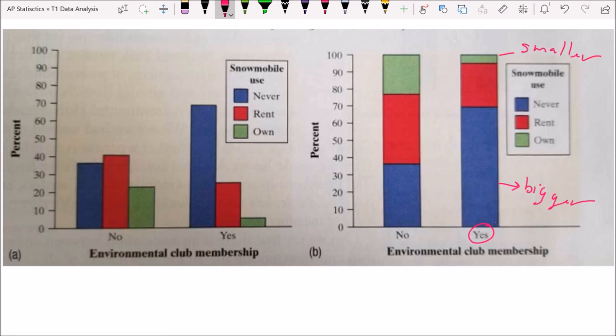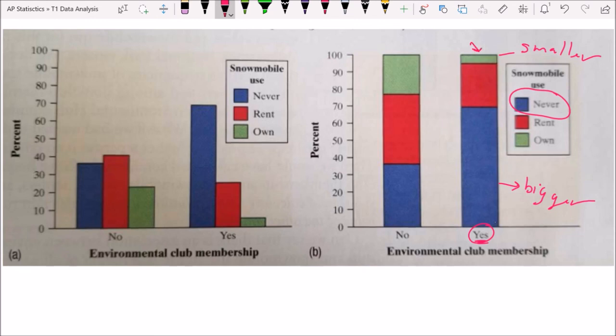So if I know that someone is in environmental club, I can see they're much more likely to have never used a snowmobile. That means there is an association, because knowing this information leads me to more information. And I also know that if someone is in environmental club, it's much less likely that they own a snowmobile.